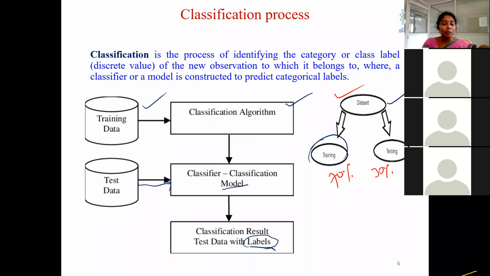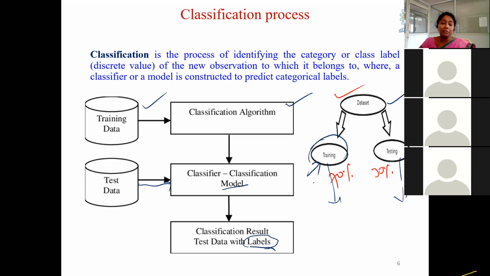So if you go through the training and testing phases and the accuracy of the classifier is not up to the mark, you can backtrack to the previous steps and take the random sampling again. Because if you take a random sampling for the first time, some particular tuples are retrieved.